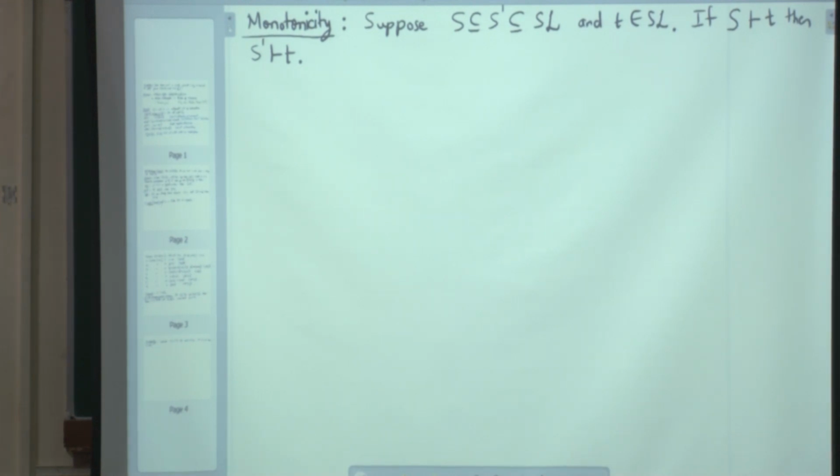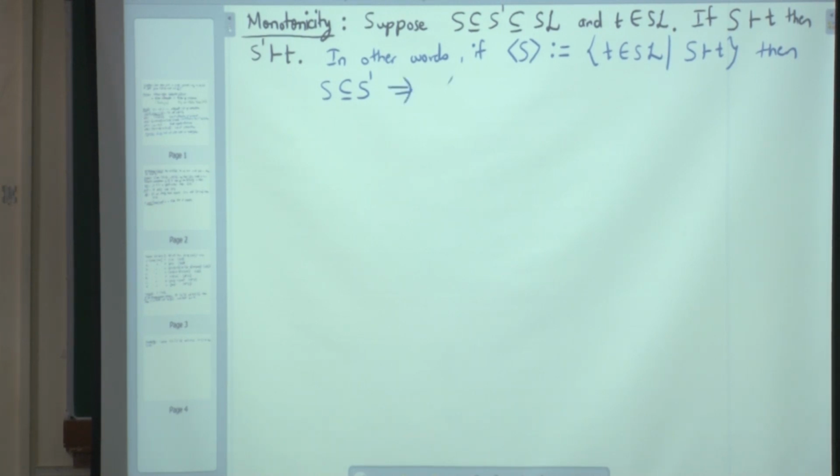Why is it called monotonicity? Maybe I should explain that. In other words, if these angular brackets denote the collection of all the things which can be proved from S, then S subset of S prime implies that the angular bracket of S is contained inside angular bracket of S prime.